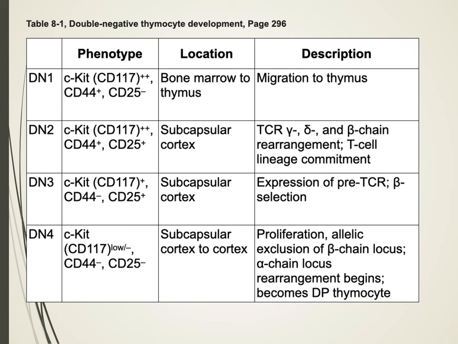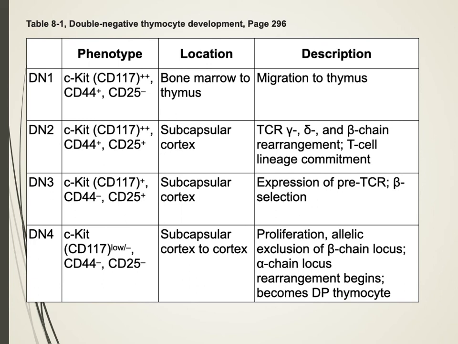For DN4, at this point we've further down-regulated c-Kit so that it's low to no expression, and we've also turned off expression of CD44 and CD25 because we've gone through the process of selecting for the T cell receptor.